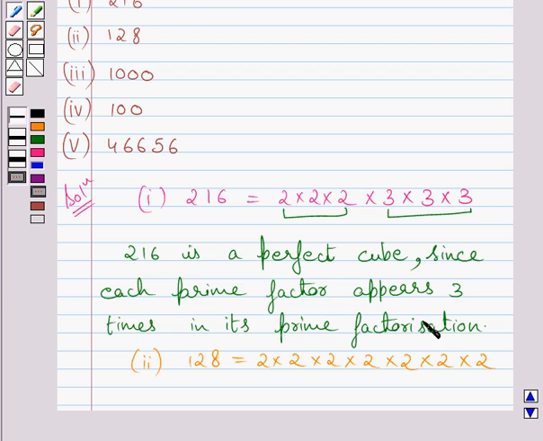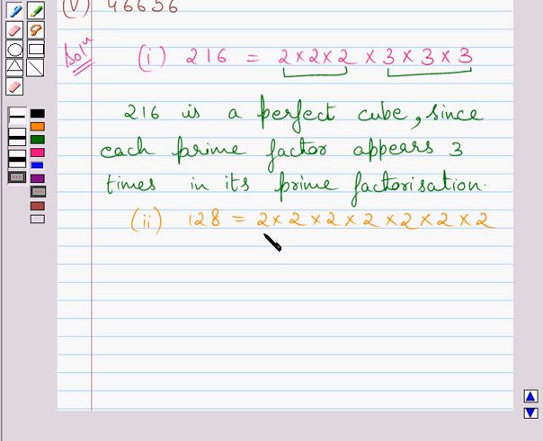That is, multiplying 2 7 times we get 128. Now let us group the 2's in triplets. Clearly you can see 2 still remains after grouping the 2's in triplets. So we get 128 is not a perfect cube.